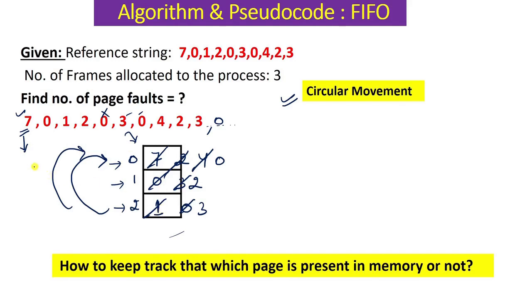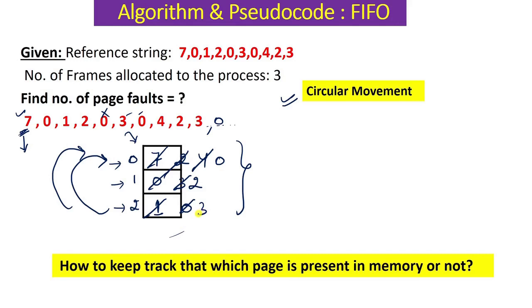One approach, if you do not want to involve much complexity, is to scan the complete frame array and do a linear search, and you can easily find whether the particular page you are asking for is present inside this array or not. This is one of the ways that you can apply to implement this FIFO algorithm.